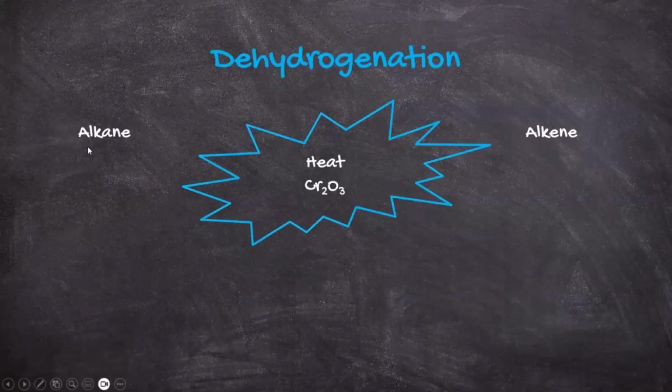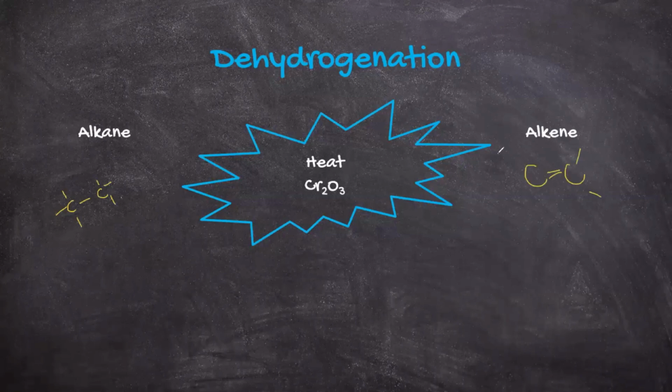What we're doing is taking ethane, carbons each with 3 hydrogens, and we're going back to being a carbon double bond with 2 hydrogens. So above, we were going from ethene to ethane. Now we're going backwards from ethane to ethene.